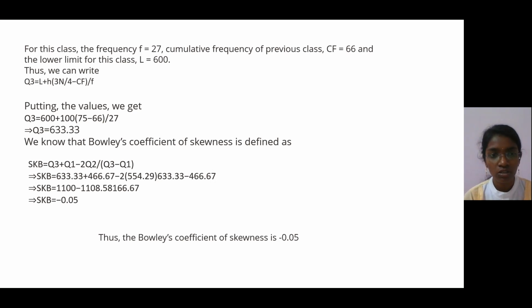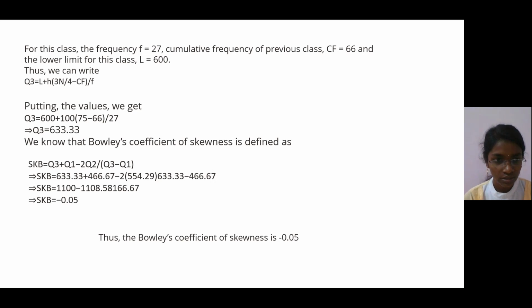633.33. We know that Bowley's coefficient of skewness is defined as Q3 plus Q1 minus 2Q2, whole divided by Q3 minus Q1. By substituting the values, for Q3 we have 633.33 and Q1 we have 466.67, minus 2 into Q2 we have 554.29, whole divided by Q3, 633.33, minus Q1, 466.67.